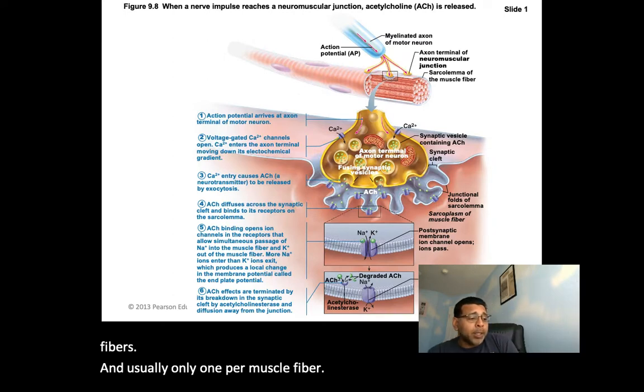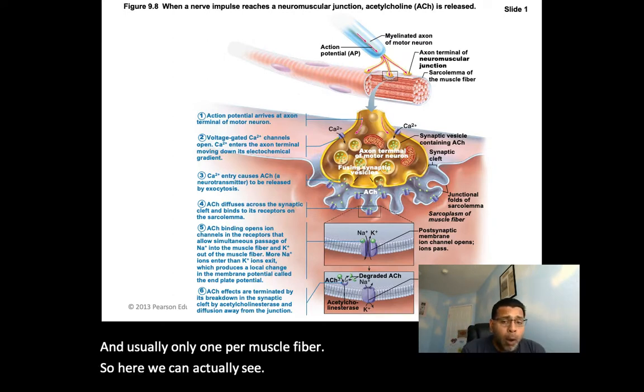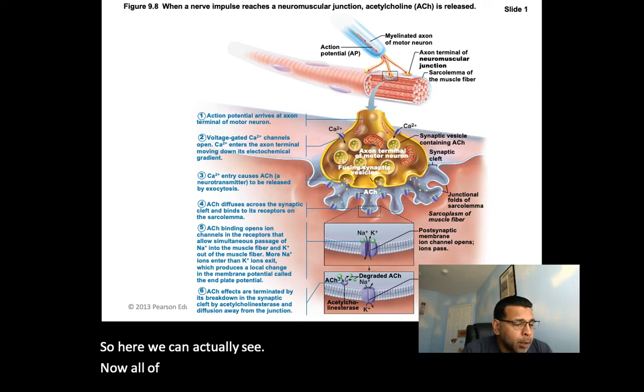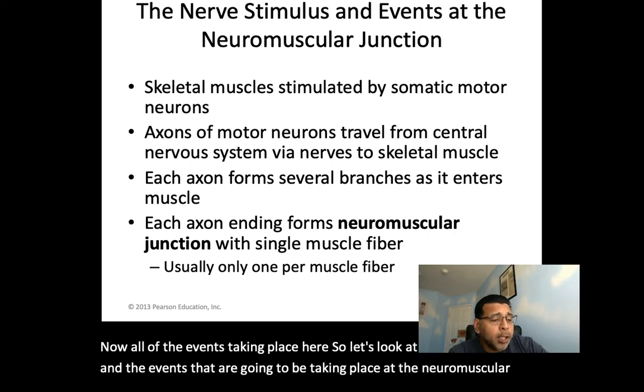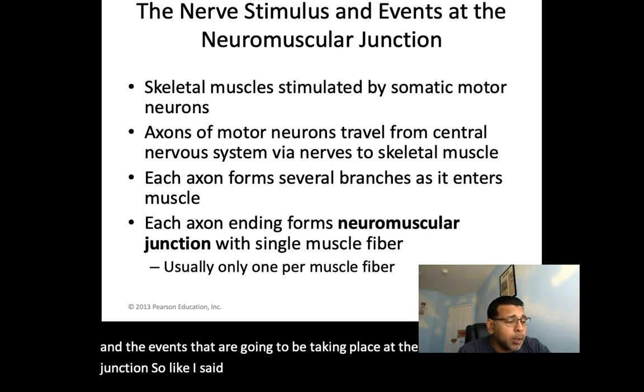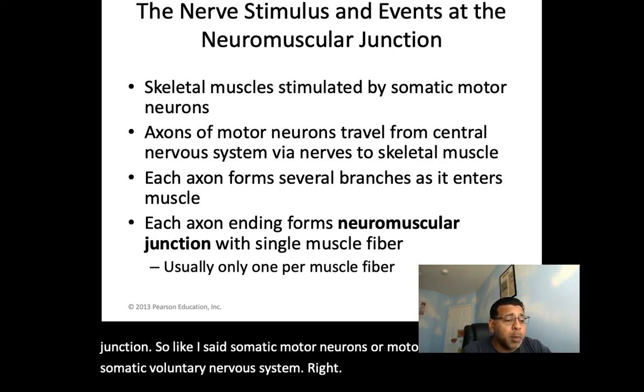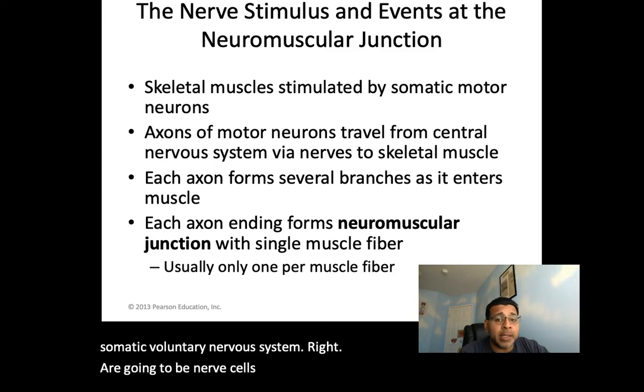So here we can see all of the events taking place. Let's look at the nerve stimulus and the events at the neuromuscular junction. Somatic motor neurons, or motor neurons of the somatic voluntary nervous system, are nerve cells that activate skeletal muscle fibers.